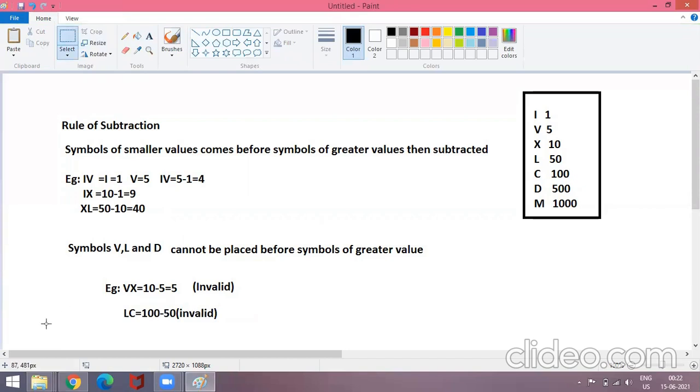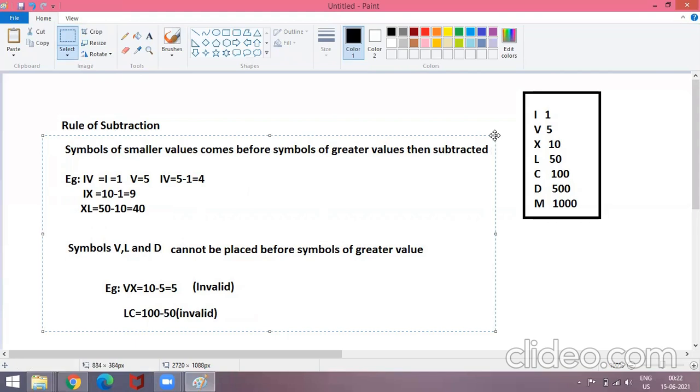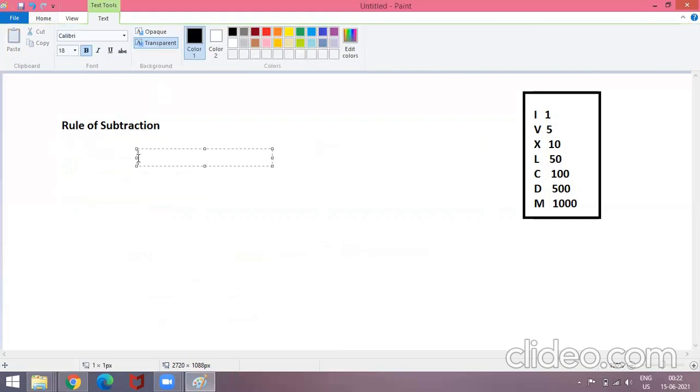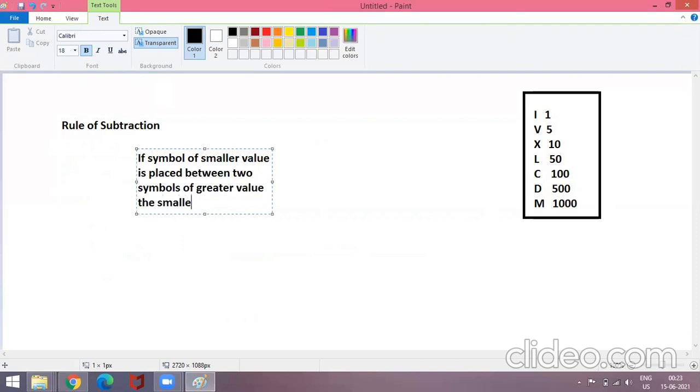So we are done with rule of subtraction. There is one more part in rule of subtraction in which if a symbol of smaller value is placed between two symbols of greater value, then the smallest is subtracted from the symbol on the right.